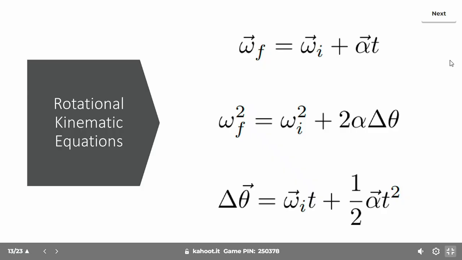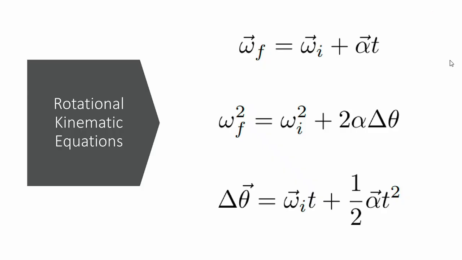So then, just like we had kinematics equations for linear motion, we also have kinematic equations for angular motion. So these rotational kinematic equations relate, so the first one, the final angular velocity is equal to the initial angular velocity plus angular acceleration times time. The second one, the final angular velocity squared is equal to the initial angular velocity squared plus 2 times the angular acceleration times the change in angle.